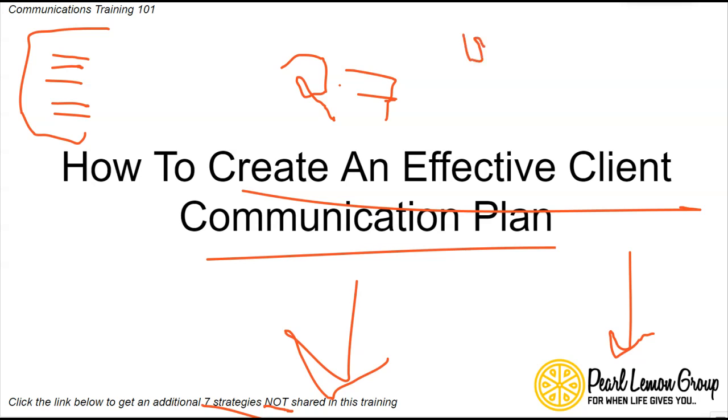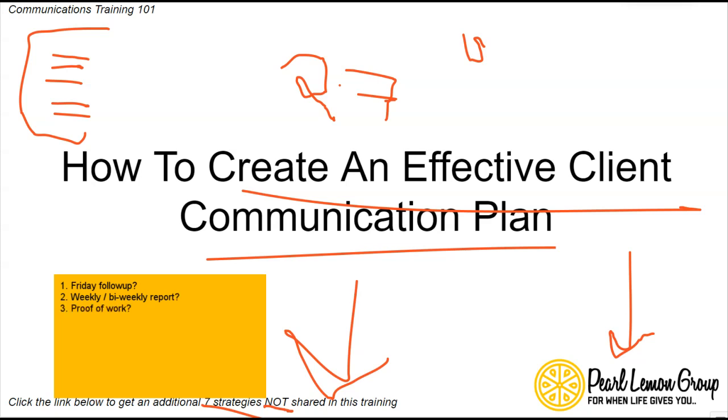So we have something called the Friday follow-up. And then you could have the weekly or bi-weekly report, depending upon what you're doing. And then there'll be, of course, proof of work. Then there'll be general client dialogue.